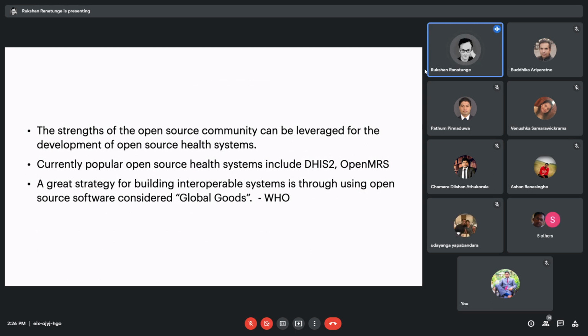The WHO has a concept called digital goods, which they believe that using open source software is a great way to develop interoperable health systems. And if we can build a system that meets the requirements and standards which WHO has provided, then that system can get recognition by the WHO as a global digital good.